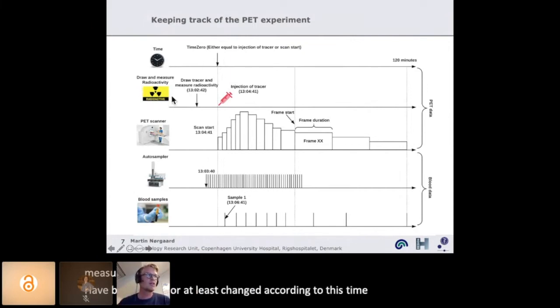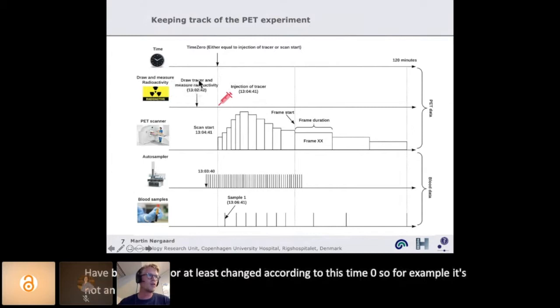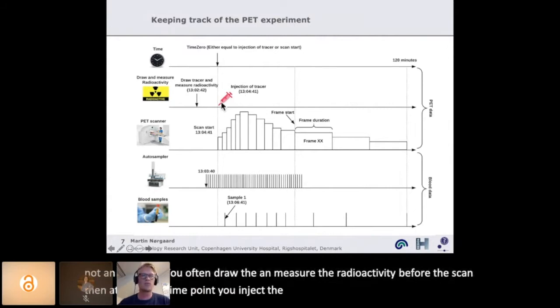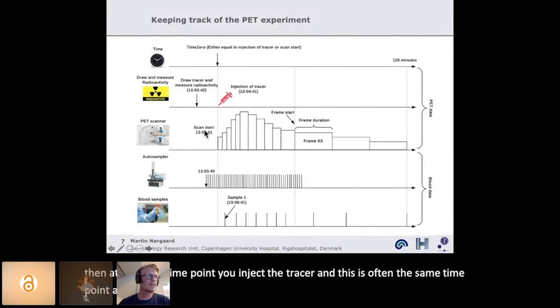So, for example, it's not uncommon that you often draw the tracer and measure the radioactivity before the scan. Then at a certain time point, you inject the tracer, and this is often the same time point as you start the PET scanner. Then you can have an autosampler that measures the activity in the blood.